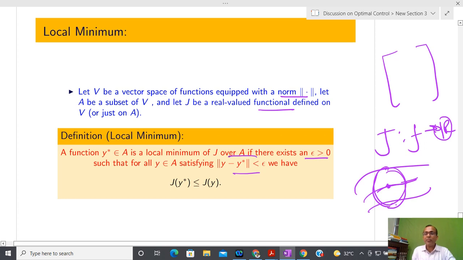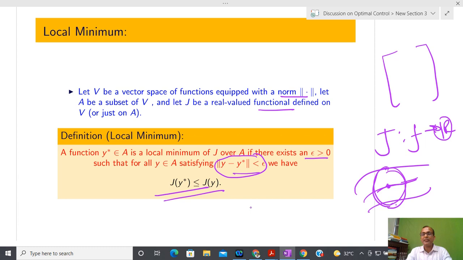Using the norm I can define the neighborhood, and by defining the neighborhood I can put in the values and compare. If this relation is satisfied for all y, or at least for all y belonging to A, then I can tell that y star is a local minima for that particular functional. So in this way, by identifying the space, norm, and after that vicinity, we are able to talk about the local minima.